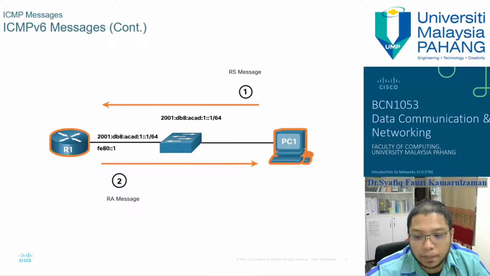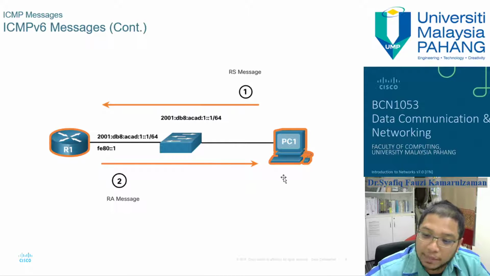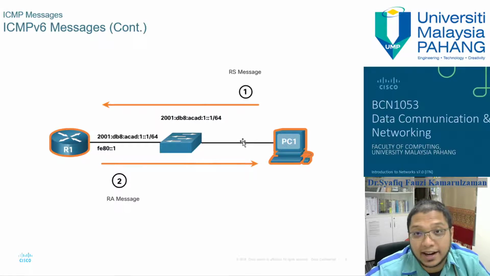PC1 says, "Hi, I just booted up. Is there an IPv6 router on the network? I need to know how to get my IP address information dynamically. I don't know anybody in the network yet." So R1 will reply with an RA message.